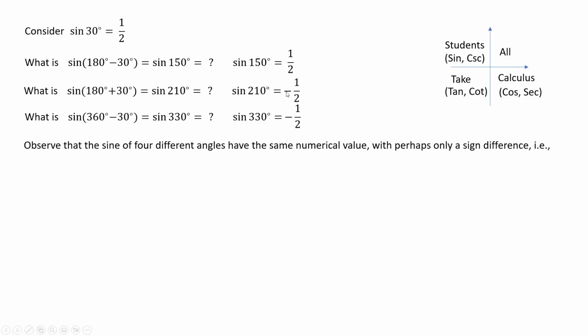The only thing is, some of them are negative and some are positive. Two of them are positive, two of them are negative. Cool. Now, let's see. What can you say based on the fact that all these four angles have the same numerical value? Mathematicians are pretty clever about this. They use this concept of absolute value.